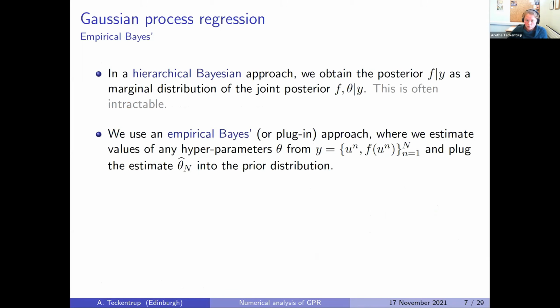So one thing you can do is a full Bayesian approach, the hierarchical Bayesian approach. In that case, you find a joint posterior of the unknown function f and the unknown hyperparameters theta in the covariance kernel. And then you get the posterior that you're interested in as the marginal distribution of this joint posterior.